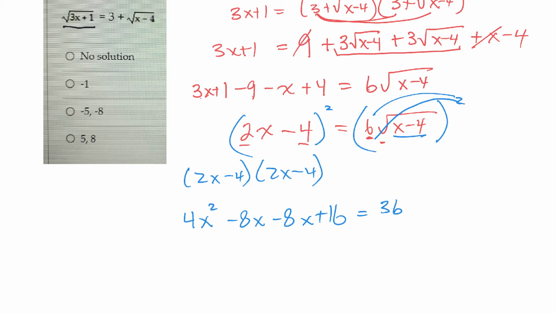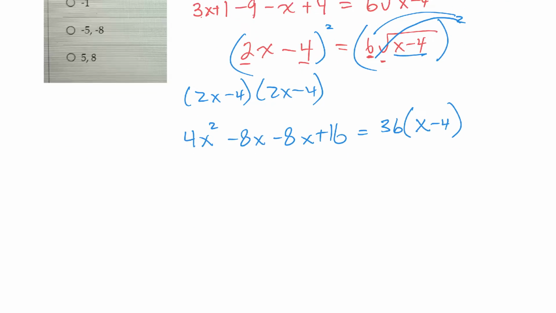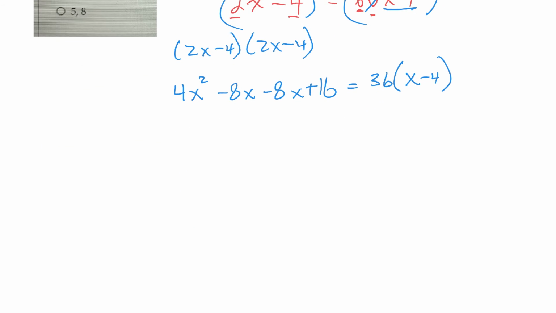It's still a group though, so I'm going to put it in a bracket, x minus 4. Okay, getting closer. Let's simplify a little bit on the left side. And then distribute that, so it'll be 36x minus 144, I think.